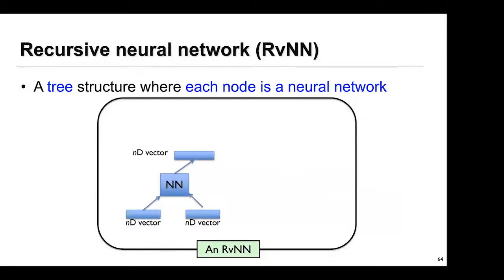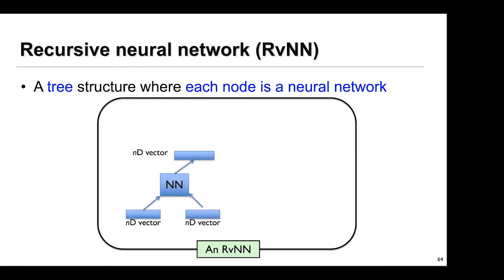So to be able to do that, there is a particular kind of neural network, which is called a recursive neural network, which turns out to be a perfect fit for learning to generate symmetry hierarchies. So a recursive neural network here, I call it RvNN, is a tree structure, right, where each node in the tree is a neural network.